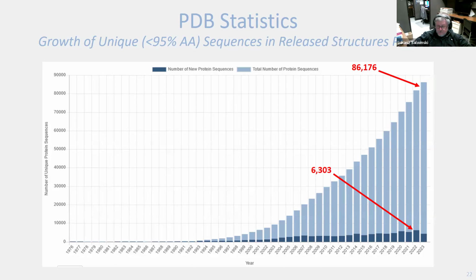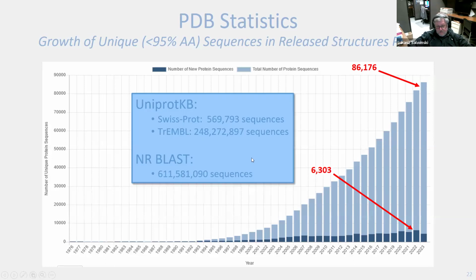We do have, well, now we've got more, but in early 2003 we had about 200 to 250 million protein sequences reported by UniProt.